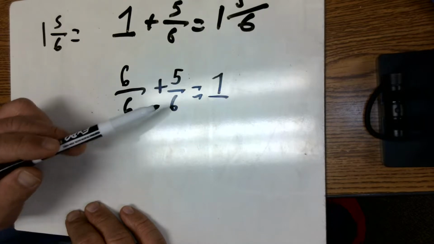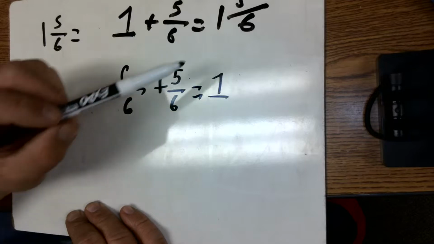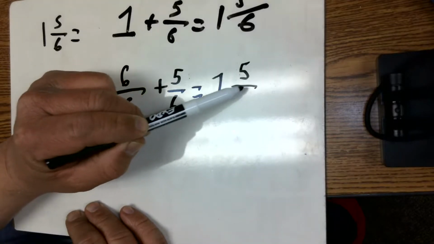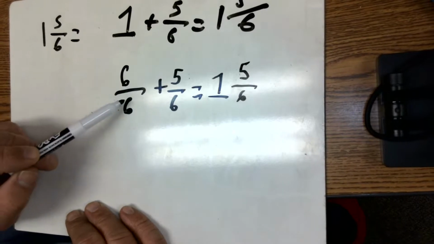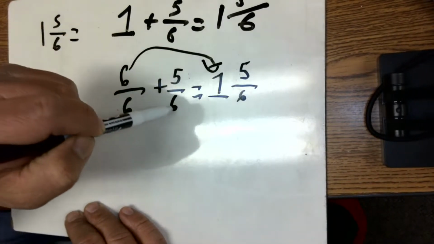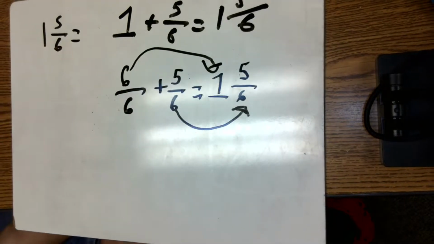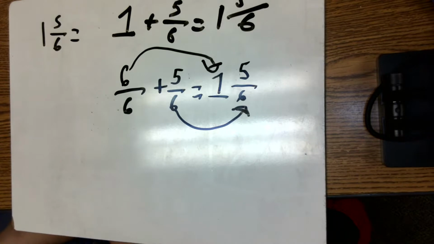How is this 6/6 when it's 5/6? Yes. It's one whole and 5/6 because 6/6 equals one whole, and then you have your 5/6 over here. So it's 1 and 5/6. Do you see that? That's it. Those are the 2 ways.